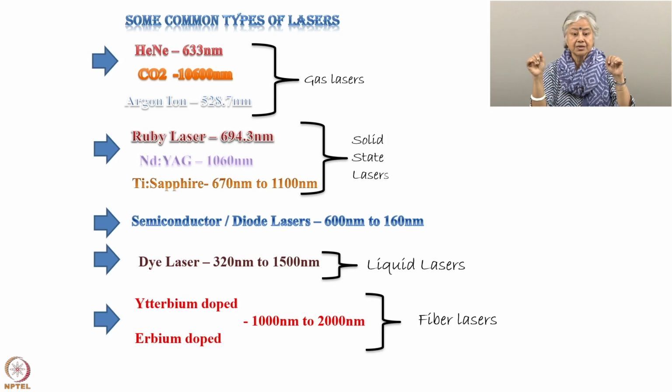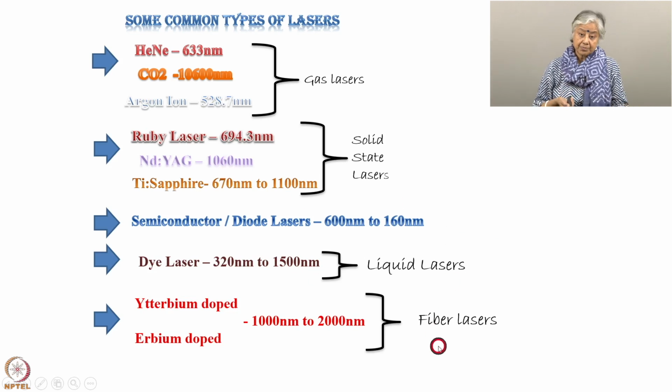Then you have the semiconductor laser, or the diode laser you can call it. Here the wavelengths range from 600 nanometer to 1600 nanometer. And then you have the dye laser, which is actually dye dissolved in a kind of liquid. That's why it comes under the category of liquid lasers. And here also you can tune from 320 nanometer to 1500 nanometer.